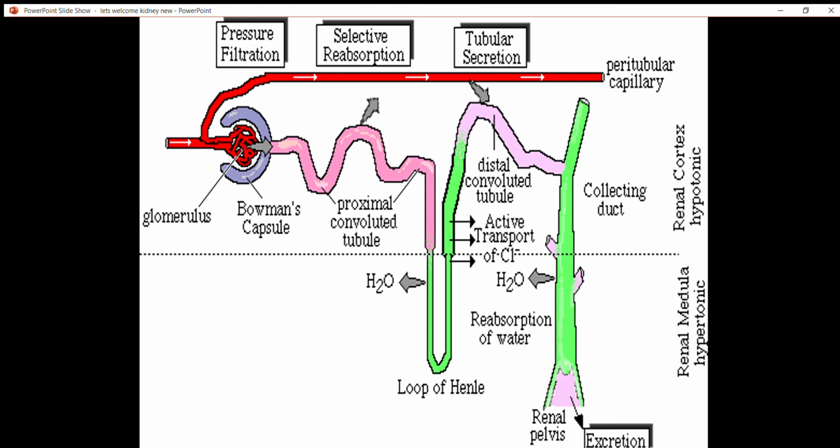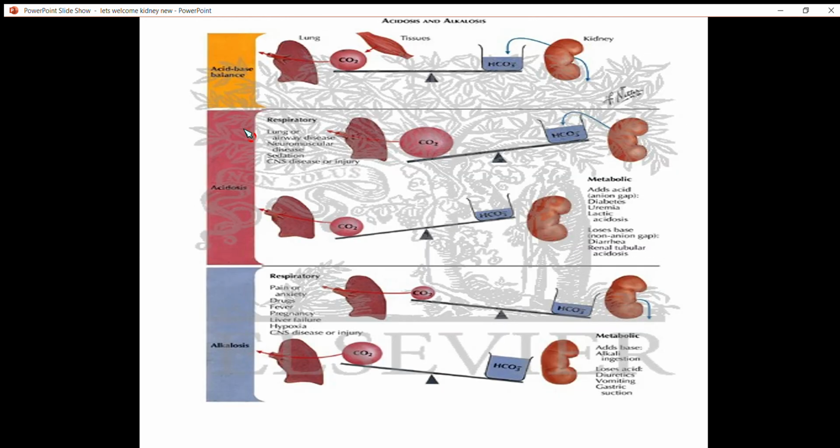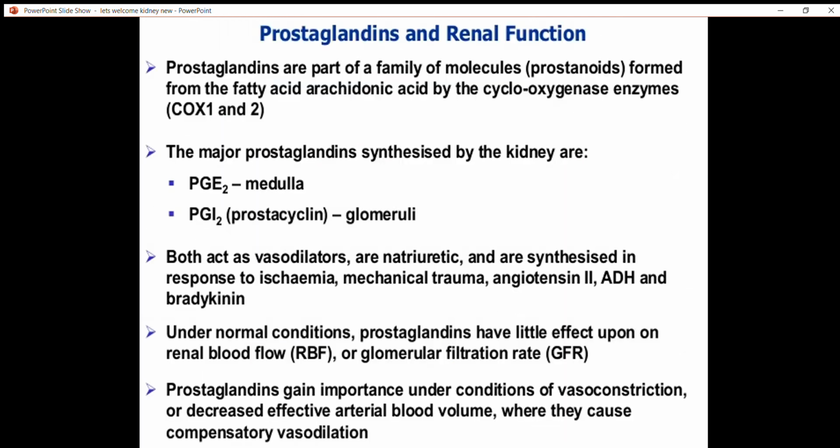So this is a rough introduction of how we plan to study and finish renal physiology: GFR, reabsorption, concentrated and dilute urine, tubular secretion, and then the collecting duct. In the first chapter, one very important thing is included in the new version of the guidance, that is the urinary bladder.